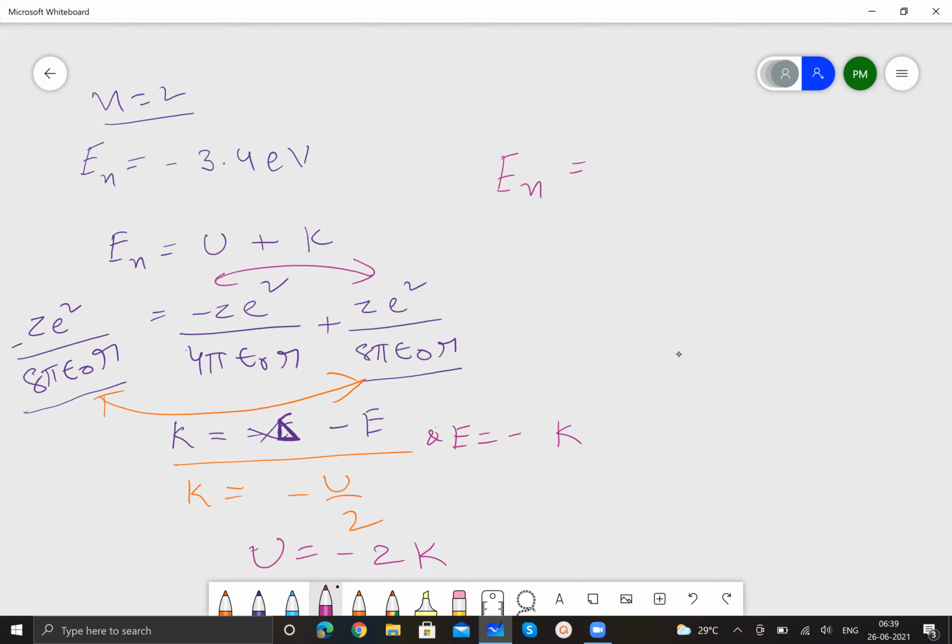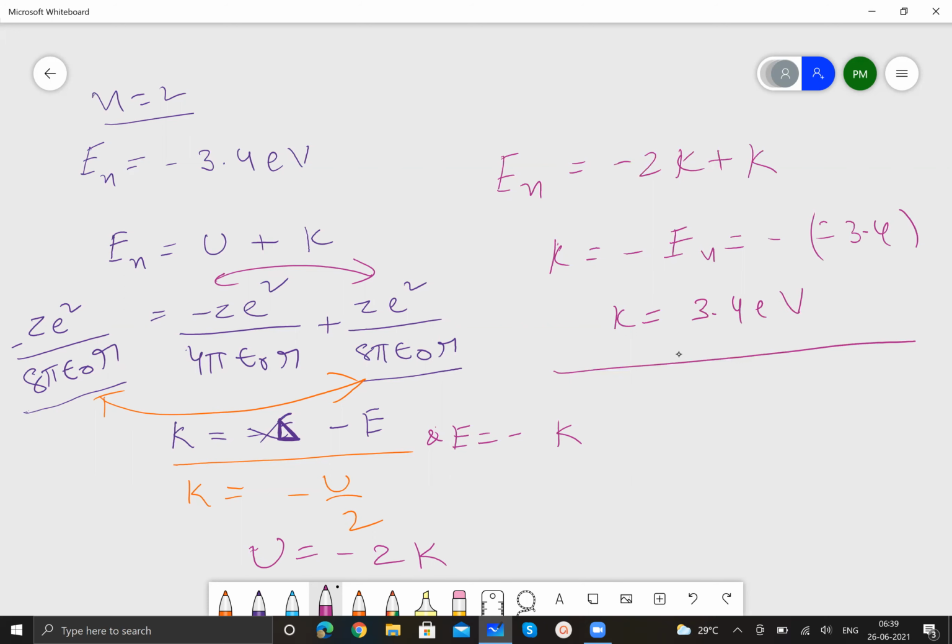En will be equal to minus 2K plus K. Therefore, K is equal to minus En. So minus of minus 3.4, the kinetic energy of electron in this orbit is 3.4 electron volts. And the potential energy is minus 2K, so minus 6.8 electron volts. Simple.